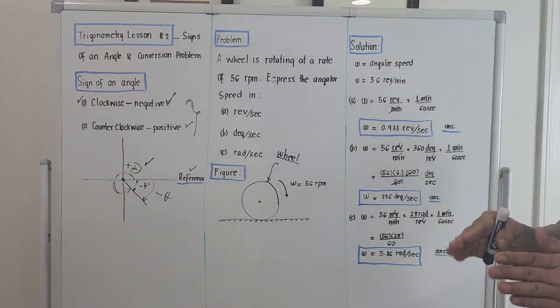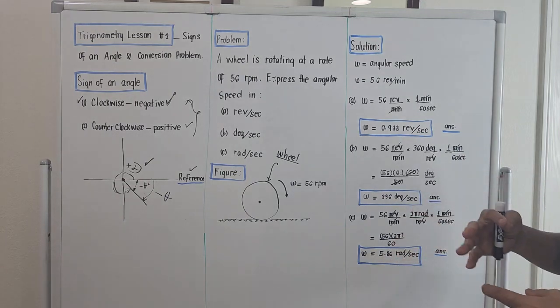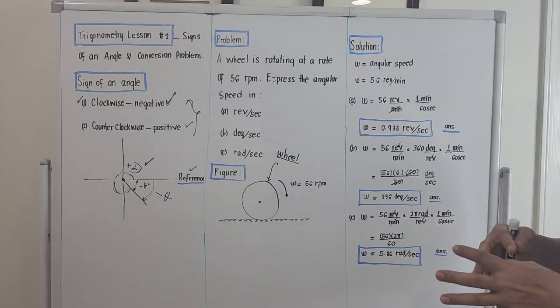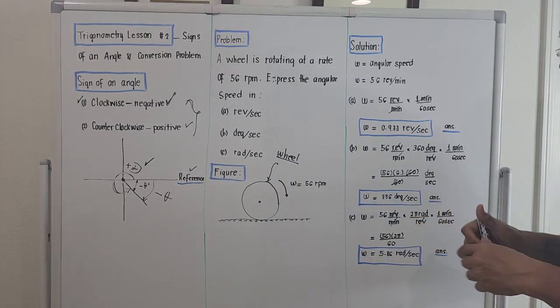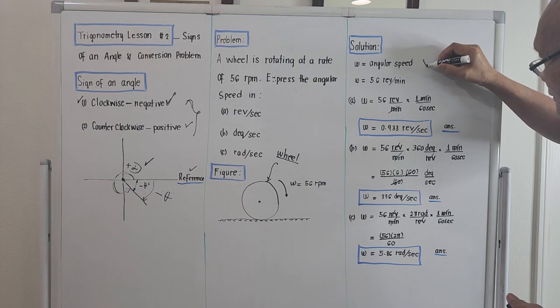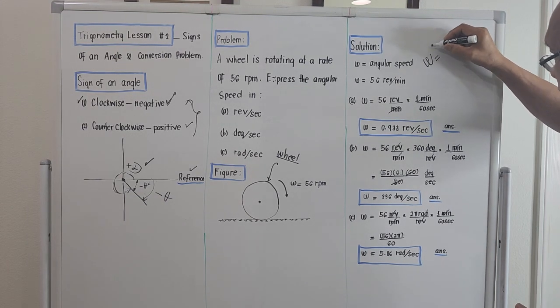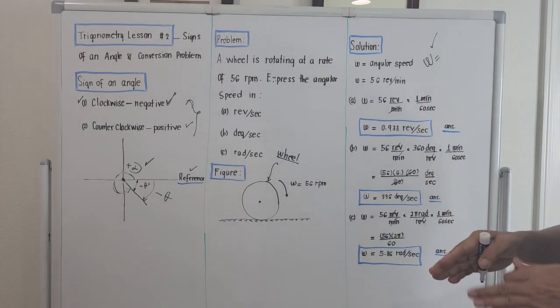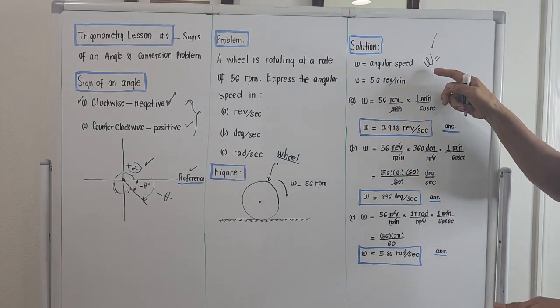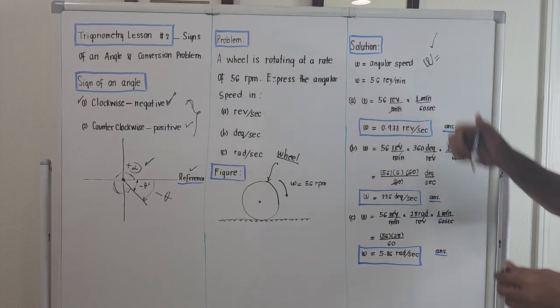So for those of you who will be taking up mechanical engineering, okay, you are interested in what will be the speed of the rotating parts of gears, right? So actually the angular speed used in kinematics is actually the letter omega. Okay? I'm just telling you that angular speed is designated by the Greek letter omega.